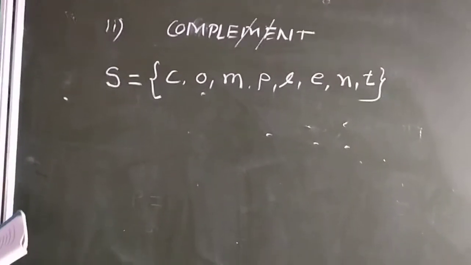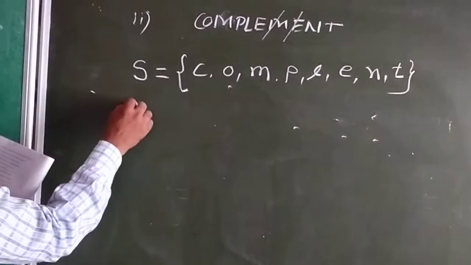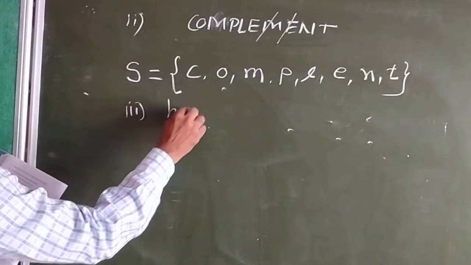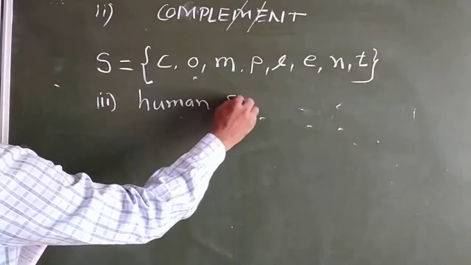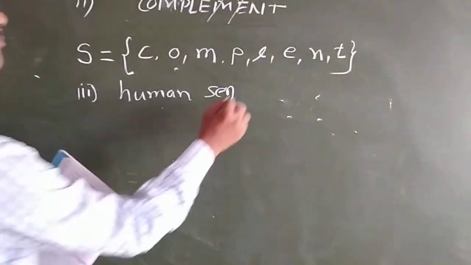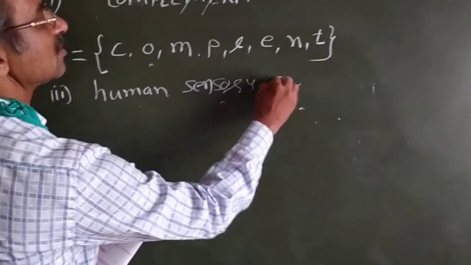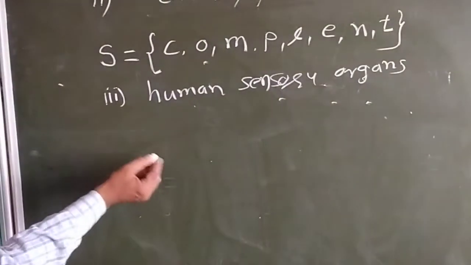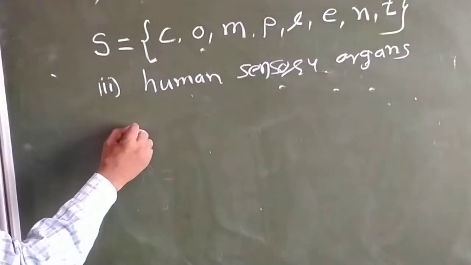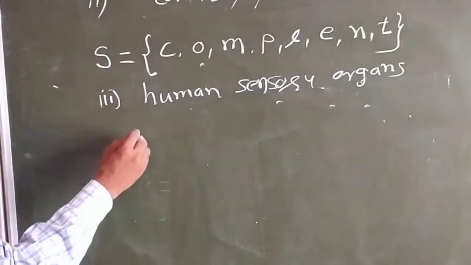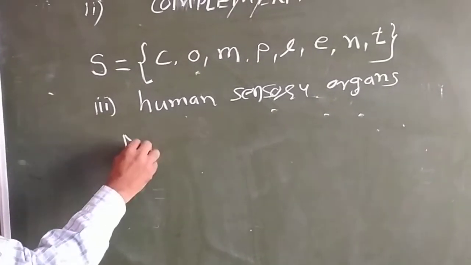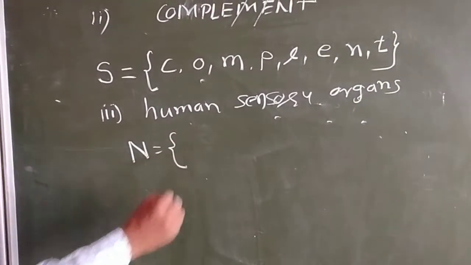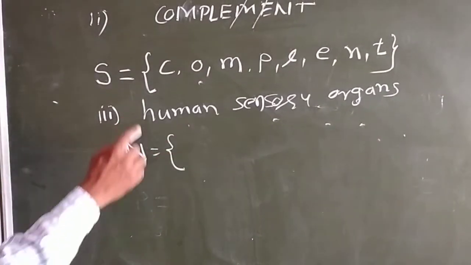Then the third one, set of human sensory organs. Which are they? Give any capital letter name to the set. Suppose I take N is equal to, in curly bracket, human organs.